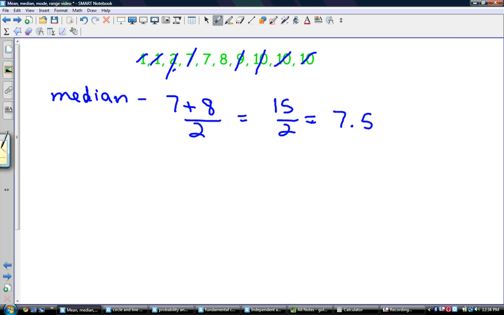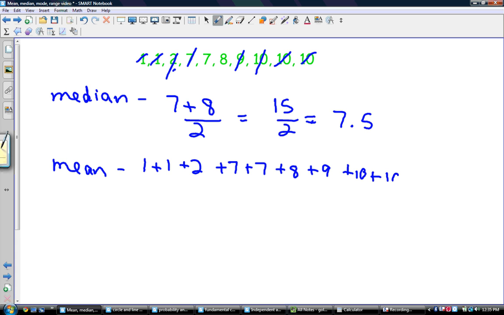Okay? I can also find my mean, where I'll add all of these up. 1 plus 1 is 2, and another 2 will give me 4. Plus 7 is 11, and another 7 is 18, and 8 is 26, and 9 is 35, and 10 is 45, 55, 65.